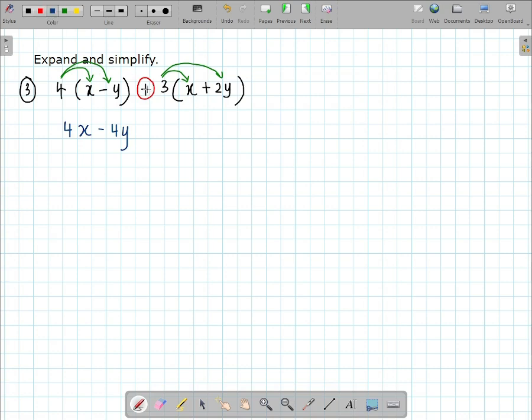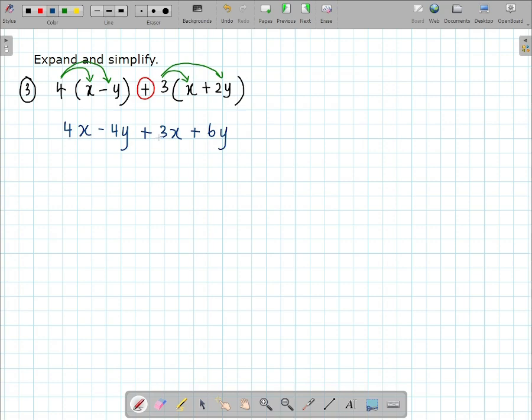So we take it as plus 3 and multiply the inside terms by plus 3. 3 times x, that is 3x, plus 3x. Then 3 times 2y, that is 6y, that is also plus 6y.